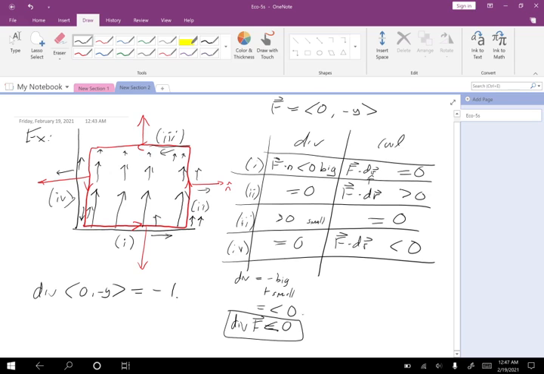And moreover, by symmetry, look at the magnitudes of, for example, these two lines. It is the same magnitude. So it is positive plus negative of the same coefficient.